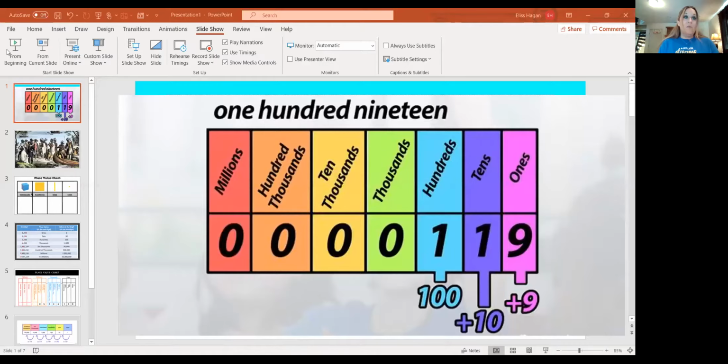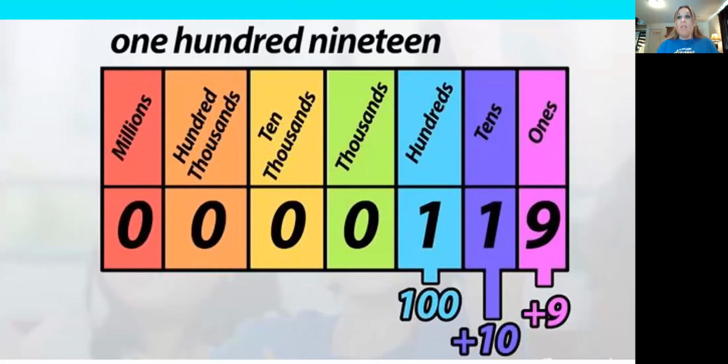Okay, so what we're going to be talking about in Place Value Part 1 is the idea that we learned this week. We have a lot of numbers in math. In fact, we have so many numbers that our number system is infinite. That's right, it goes on and on forever.